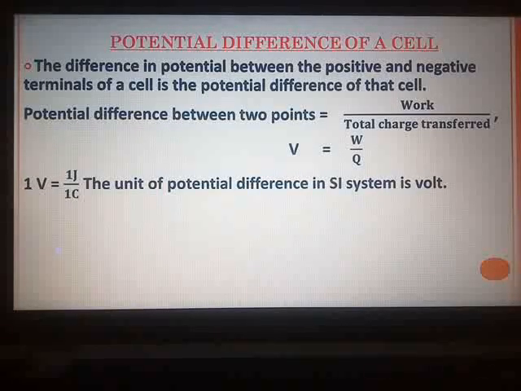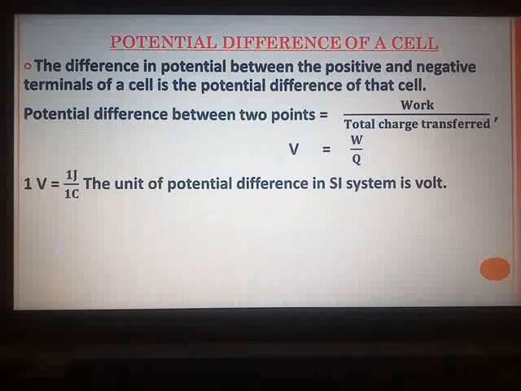Now this potential difference is caused by the chemical reactions occurring inside the cell. The potential difference sets the electrons in motion. You know that for the production of current, the flow of electrons is necessary, and thus it results in the flow of electricity through a conducting wire which is connected to the two ends of the cell.